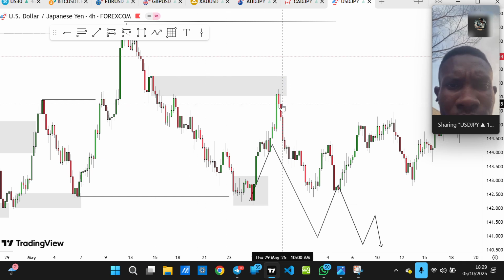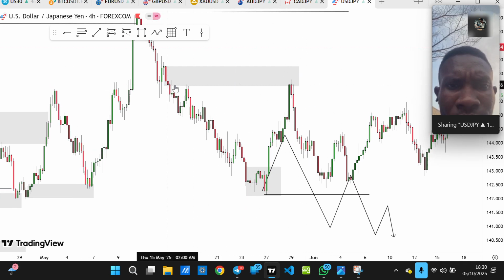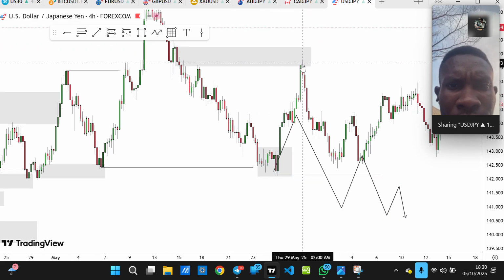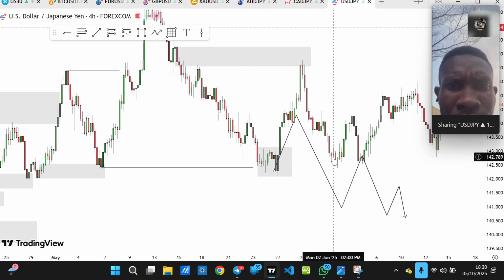But when it failed to go up, that means that this low that has now created this particular high here is weak. So we now expect that price should have to take it.